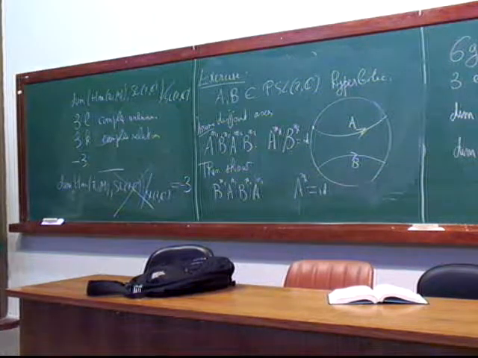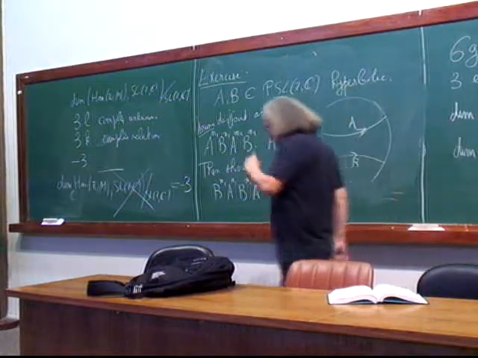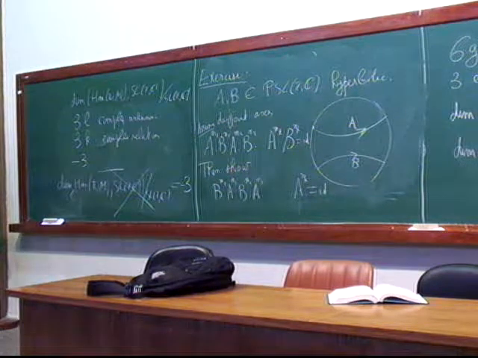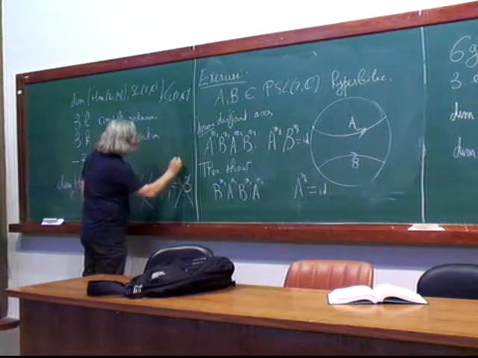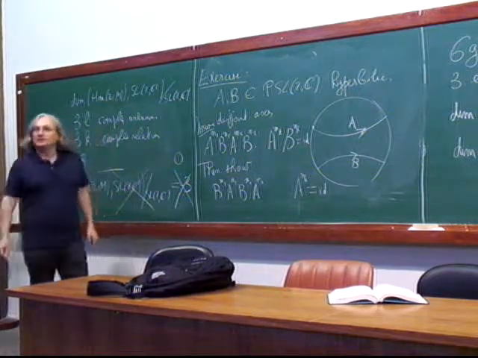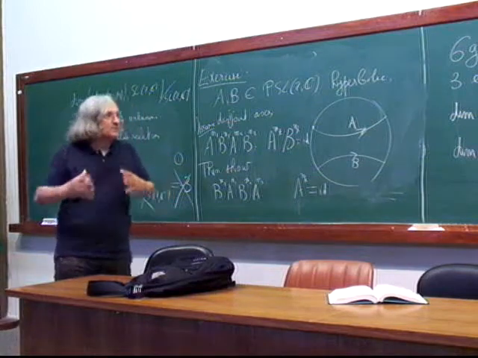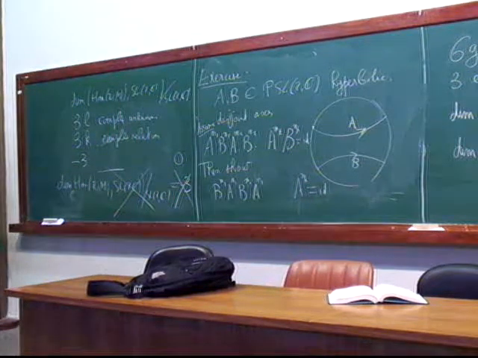So, as you know, in dimension 3, we have the Mostow rigidity theorem, which tells you that this is not -3, of course, but this is 0. In other words, if you can embed the fundamental group of a three-manifold discretely and co-compactly in PSL2C, then you can do that in a unique way.